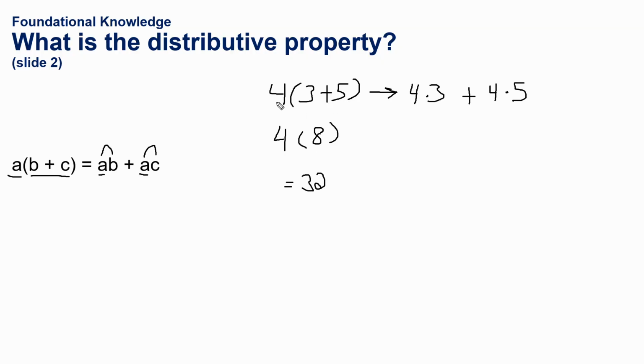Or if I broke up those terms, so I multiplied 4 into 3 and 4 into 5, I would have 4 times 3 is 12, plus 4 times 5 is 20. Adding those two items together, we would get to 32.